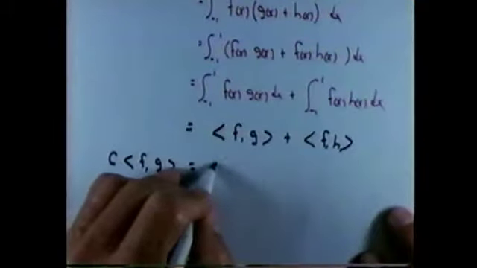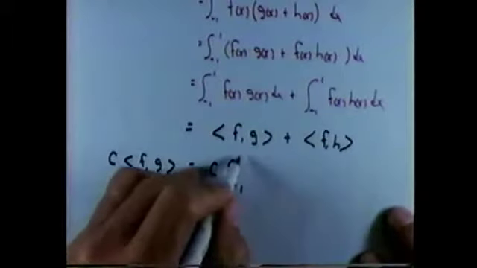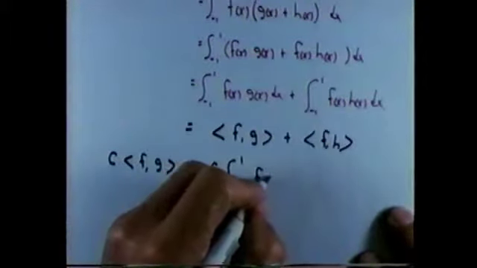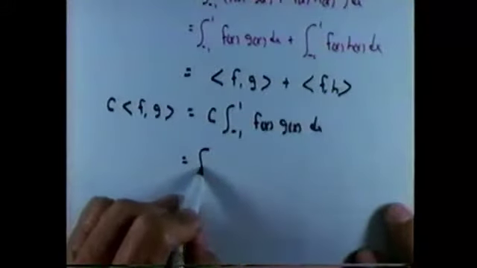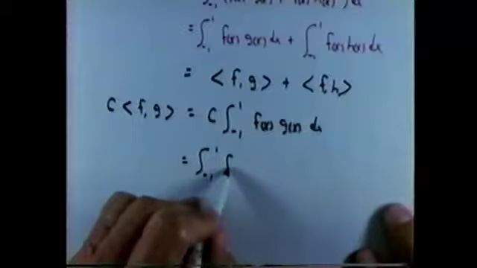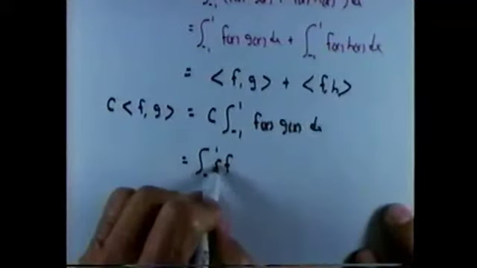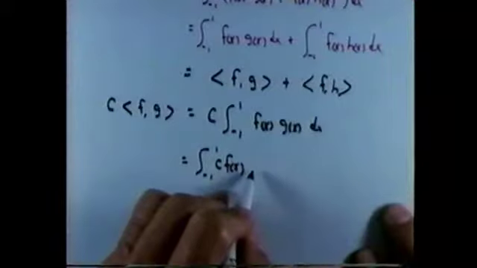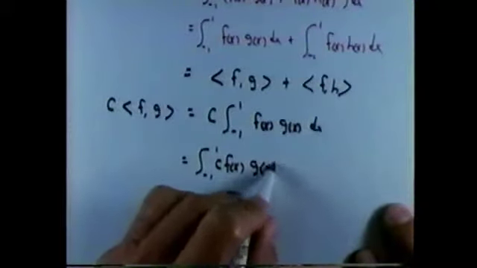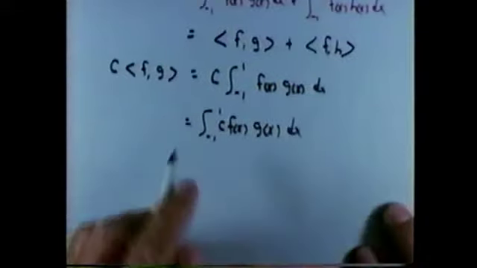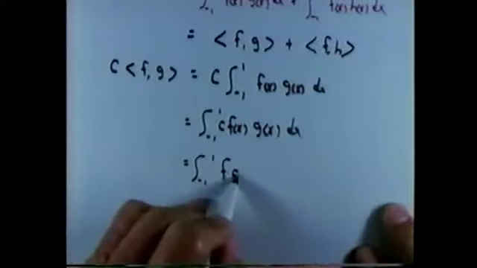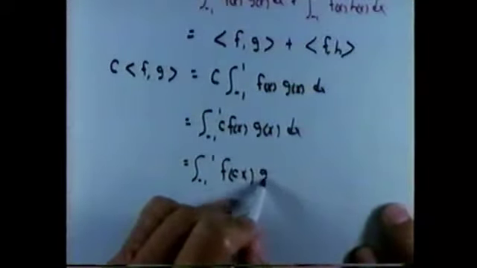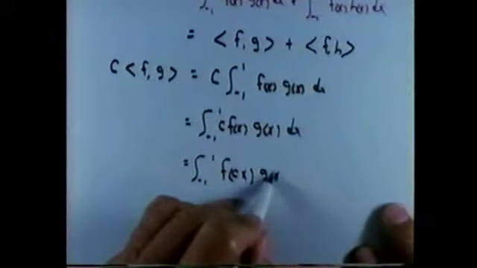Well, this would equal c times the integral from -1 to 1 of f of x, g of x dx, which is the integral from -1 to 1 of c times f of x times g of x dx, which is equal to the integral from -1 to 1 of c f of x, g of x dx.